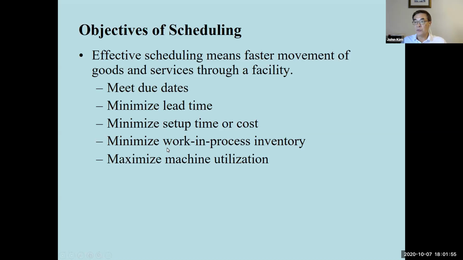And then try to minimize inventory, work-in-process inventory, and maybe finished goods inventory too. And then maximize machine utilization. So with better scheduling, we can minimize something and maximize something like that.